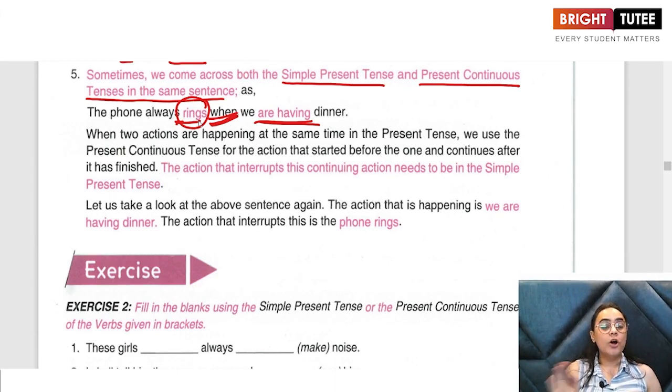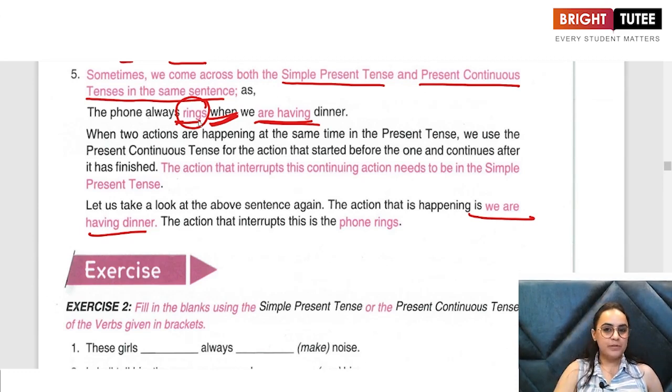And what is the logic behind it? That action which is taking place in progression is to be written in the present continuous tense. Okay? And the action which interrupts in between is to be written in the simple present tense.